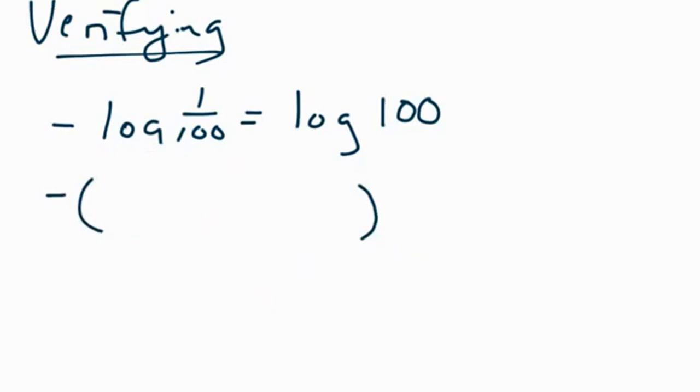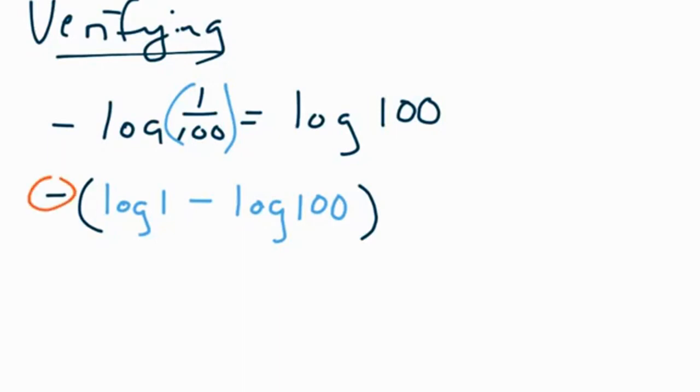Maybe that's not what you were thinking. Maybe you were thinking, Miss Naylor, there's a fraction here. I thought you said fraction means subtraction. Well, certainly I could actually split this into 2 logs, being careful to make sure I subtract the log of 100. And now I was keeping our negative sign out front so that it could actually distribute or apply to both of these.